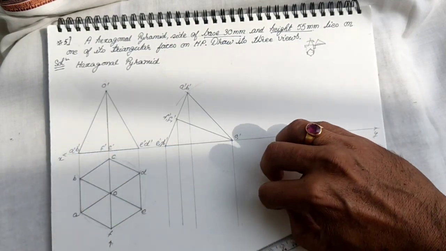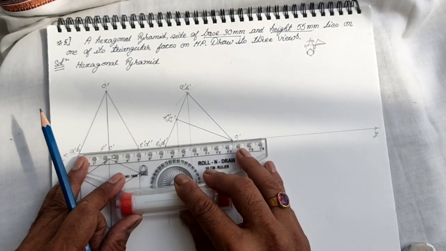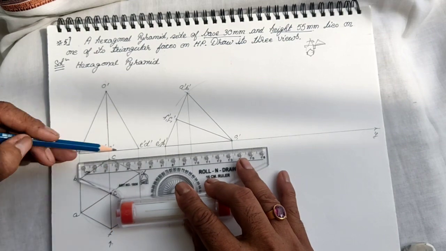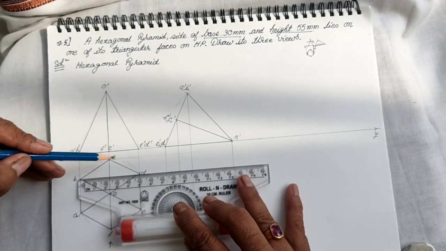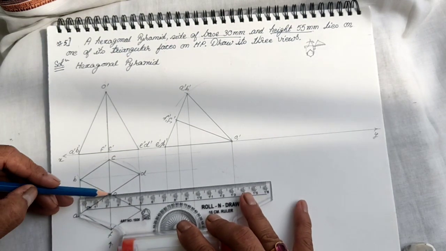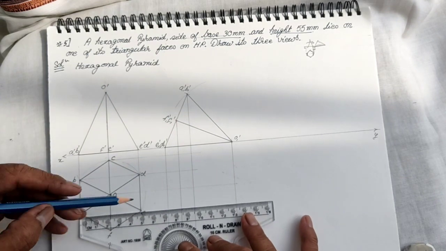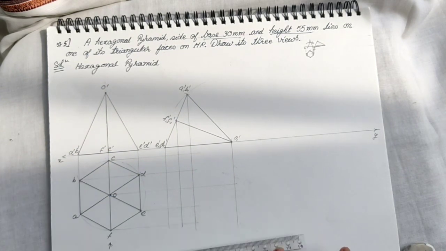Then we drag all the corners or the loci of the corners to get the top view in this condition. So these are the base corners, this is the apex, there are the two bases.